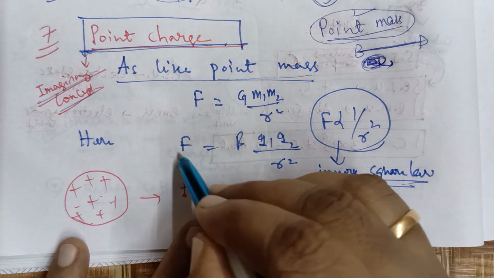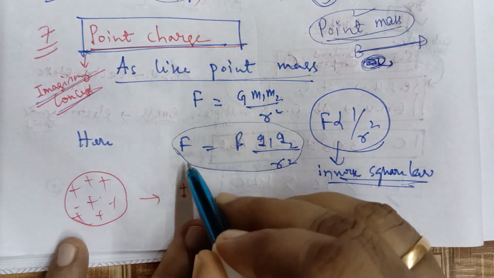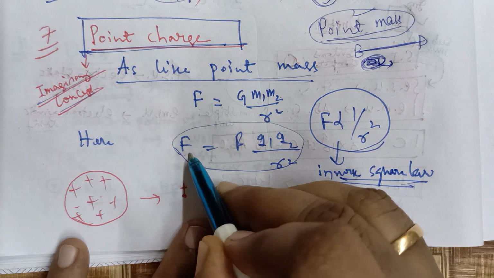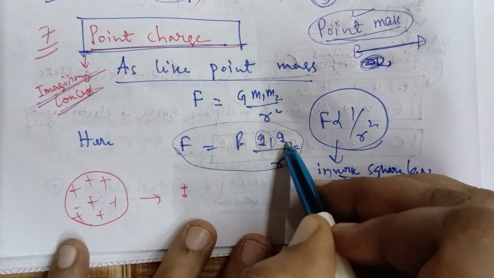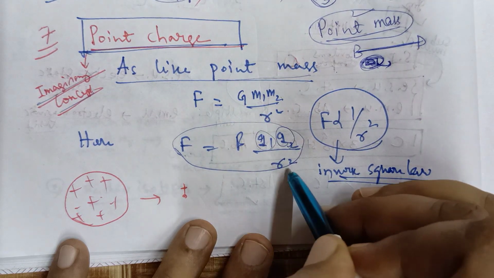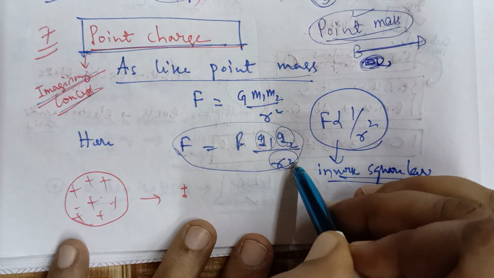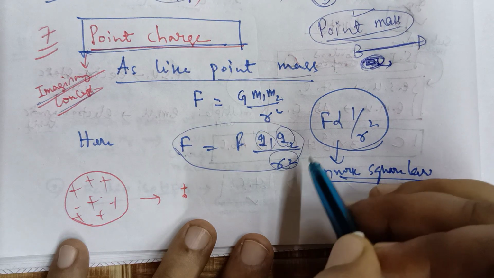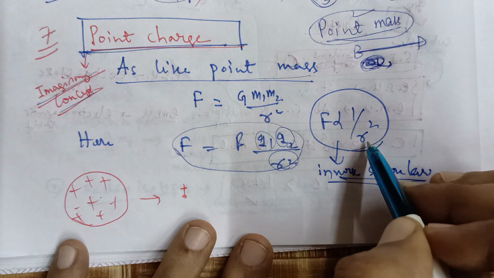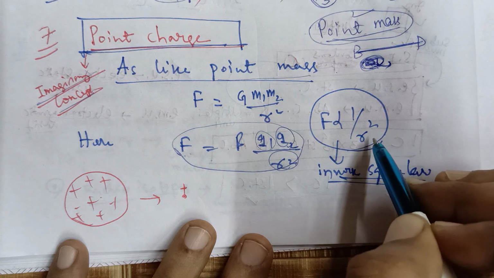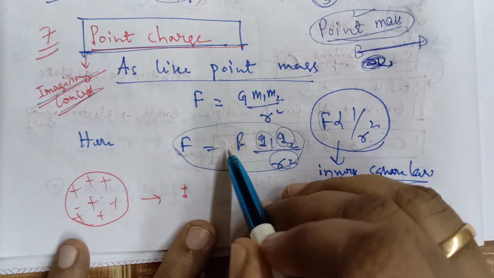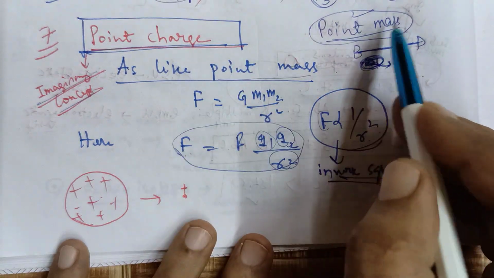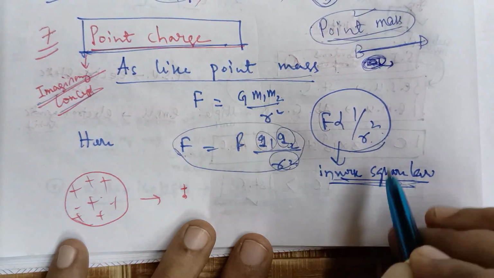Similarly, in the next class you will study that the electrostatic force of attraction or repulsion between 2 point charges is directly proportional to the product of the charges and inversely proportional to the square of the distance between them. Inversely proportional means if you increase the distance, the electrostatic force decreases with the square. That means point charge or point mass obeys this inverse square law.